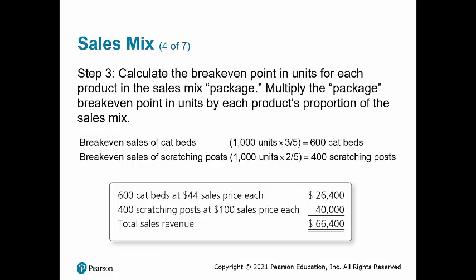Multiplying the 600 cat beds by $44, we get $26,400 for cat beds. Multiplying 400 scratching posts by $100, we get $40,000 for the scratching posts. When we add the two together, the total sales revenue at break-even will be $66,400.